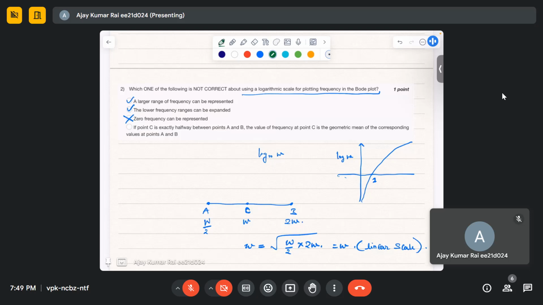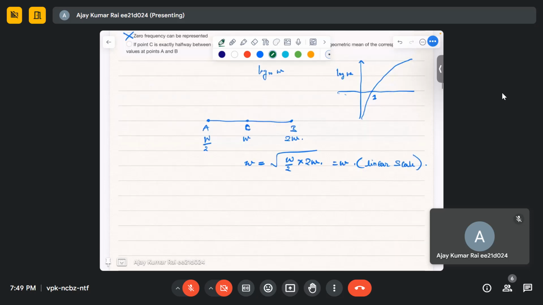Which one of the following is not correct about using log scale for plotting frequencies in the Bode plot? It says if point C is exactly halfway between A and B, the value of frequency at point C is the geometric mean of the corresponding values at points A and B. So this is correct in linear scale also.